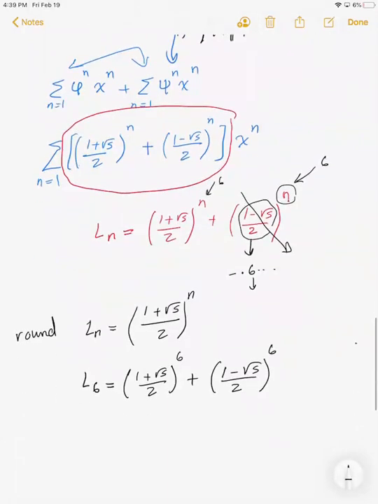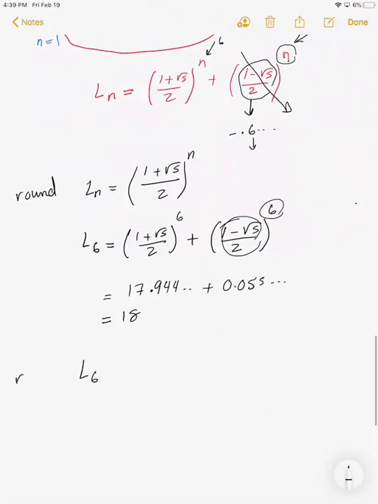As I said, when you raise this to the power 6, this number, since it's less than 1, is going to get super small. It is going to be 17.944 plus 0.055. And when you add them, you get 18.